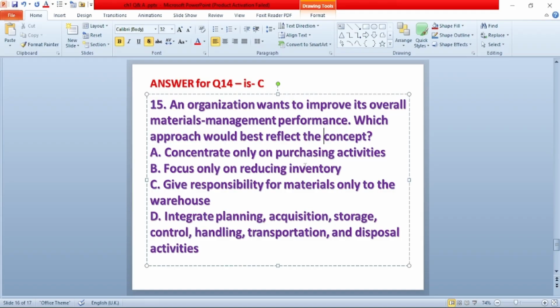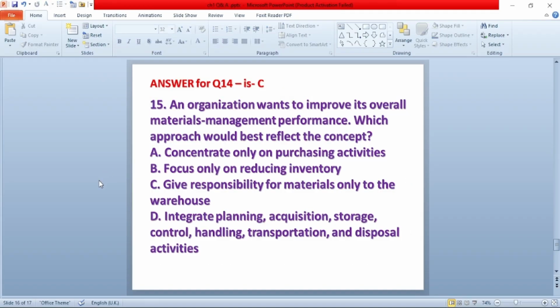B. Focus only on reducing inventory. C. Give responsibility for materials only to the warehouse. D. Integrate planning, acquisition, storage, control, handling, transportation, and disposal activity. The answer for this question is D. Integrate planning, acquisition, storage, control, handling, transportation, and disposal activity.